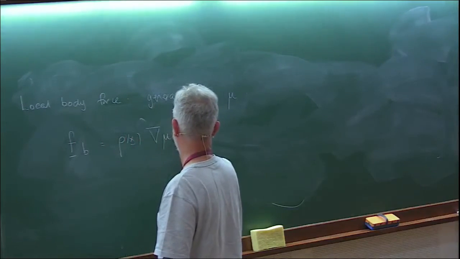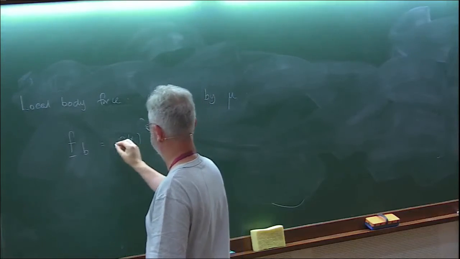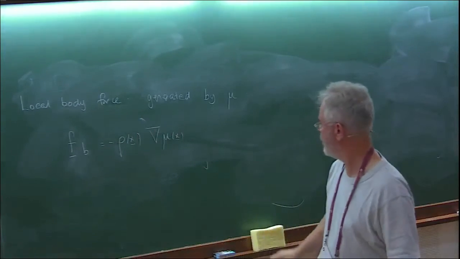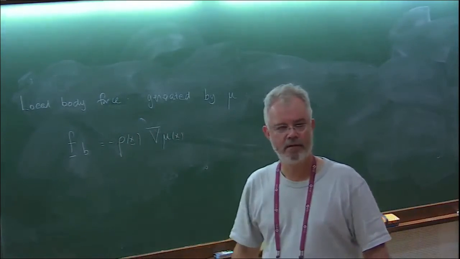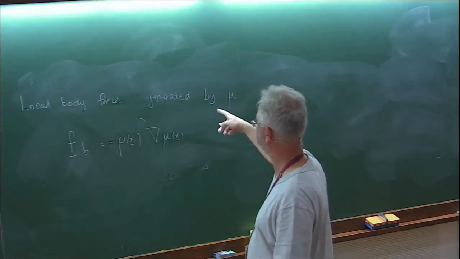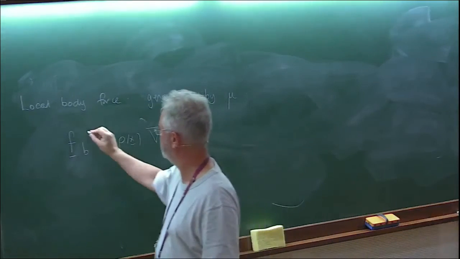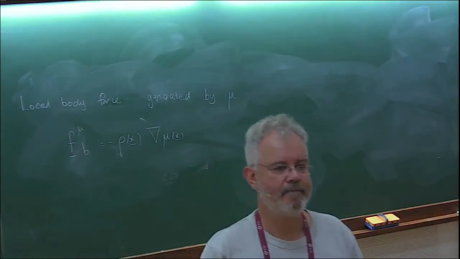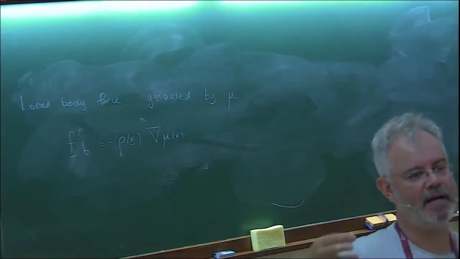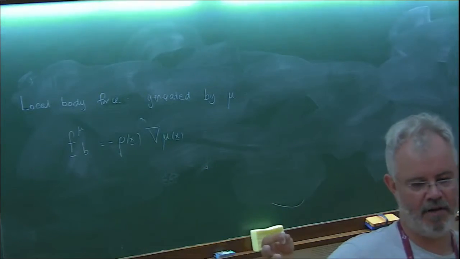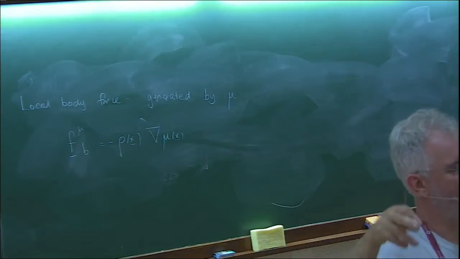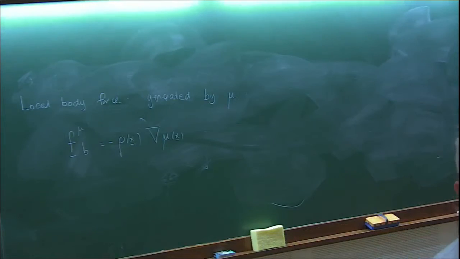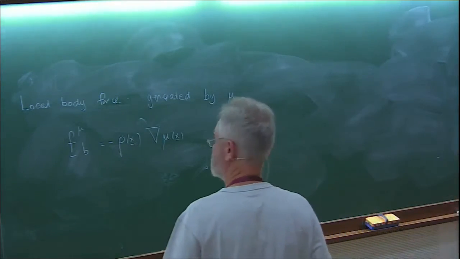Think about electrostatics: if I apply a potential phi, then the local force density is rho times E, the electric field, if I'm talking in terms of charge densities. So that's the body force generated by mu.